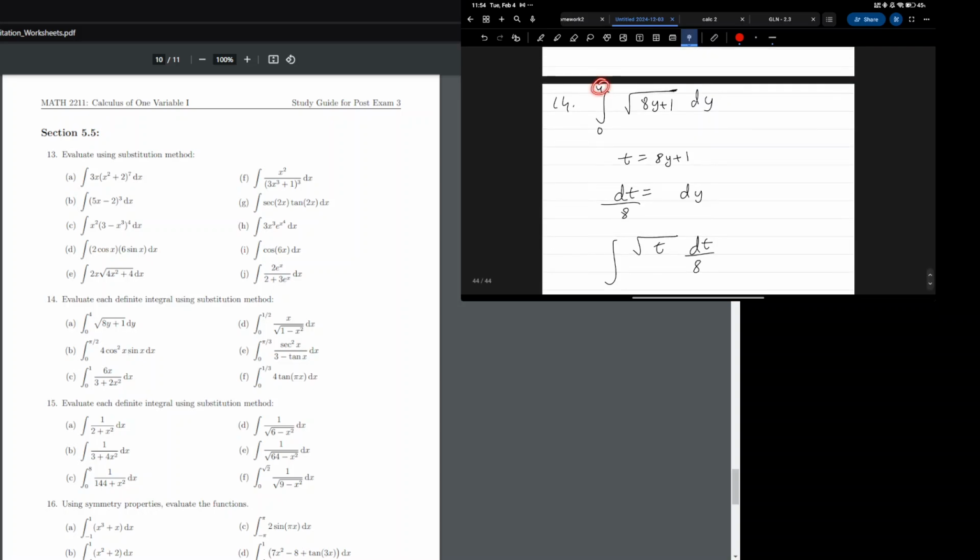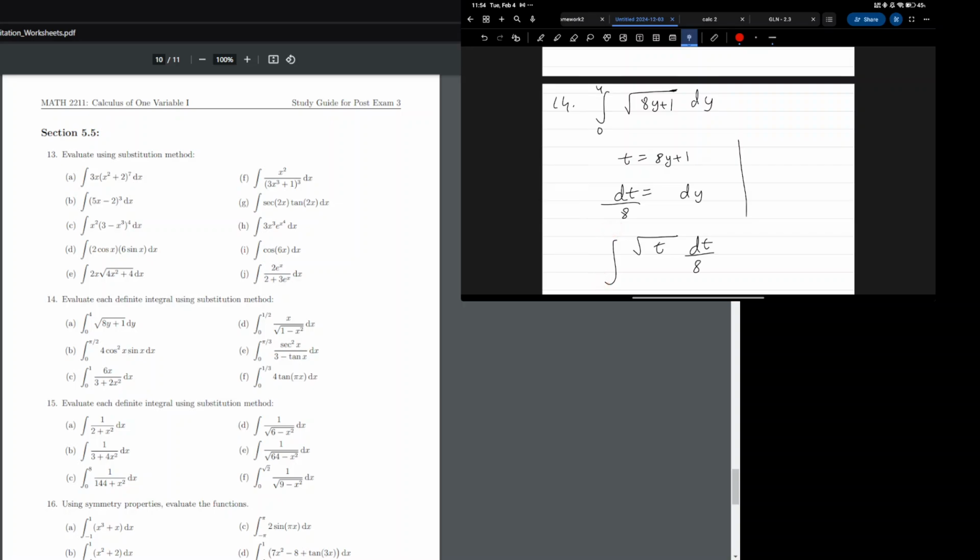These bounds were valid for the y variable, and because we change the y variable itself, we will also have to change the bounds. How to change the bounds? It's very simple. Those bounds were taken for y, but now we have to take them for t.